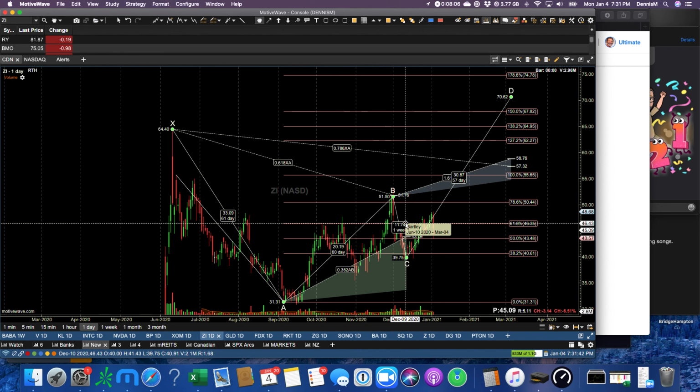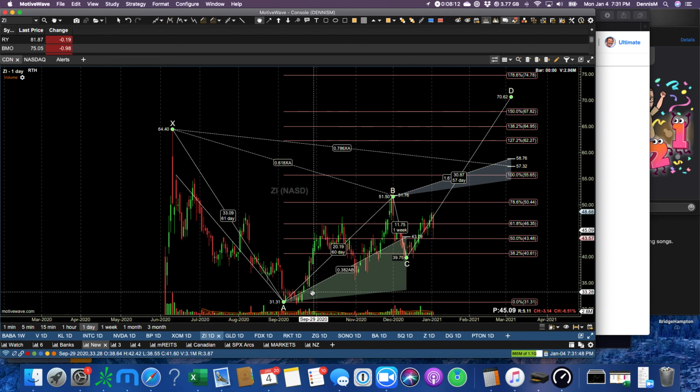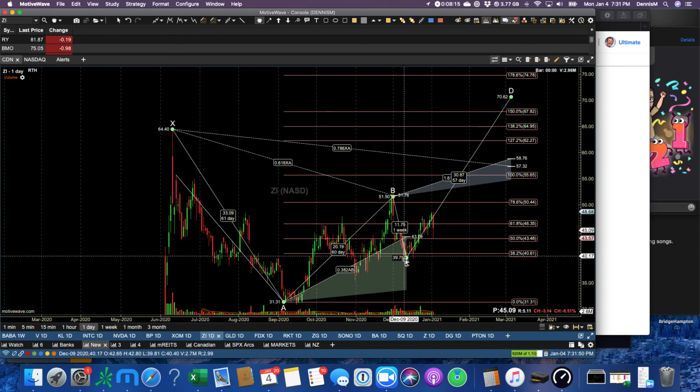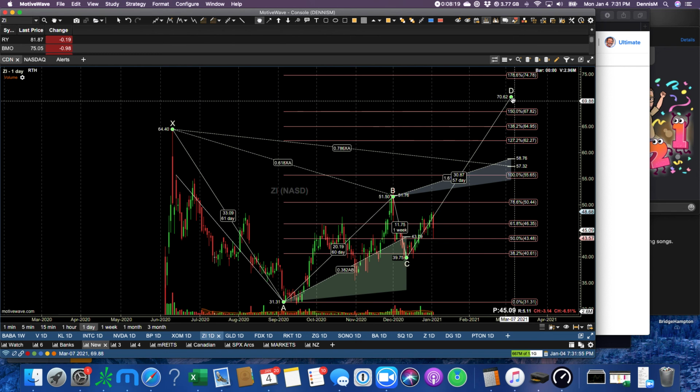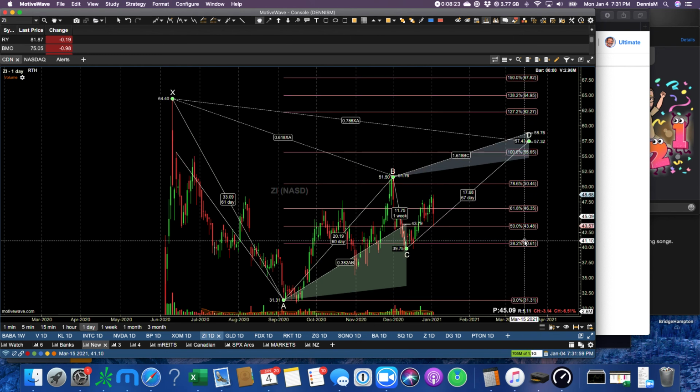So that's right on 61.8. And then you had the pull down to C, which was a little bit below this 38.2 of AB, but still in the acceptable gray zone, with a target of 57.32, which is right in line with what the analysts are saying.